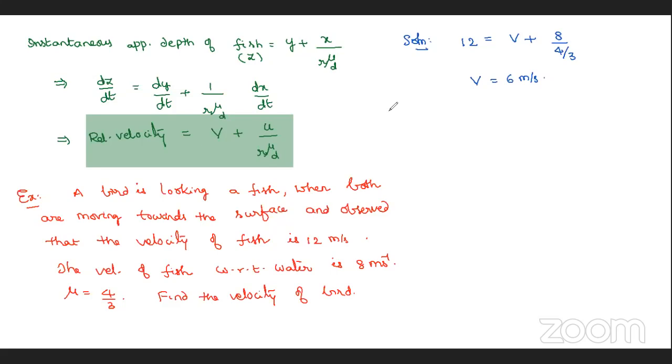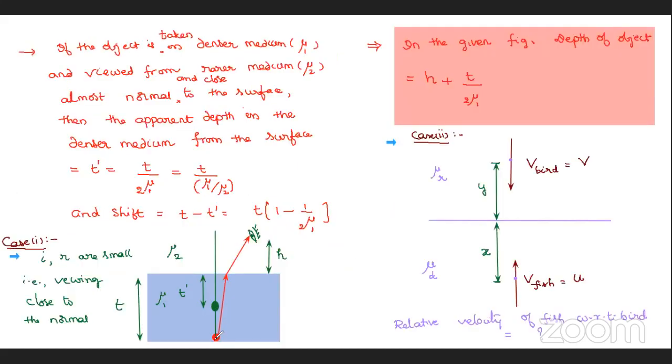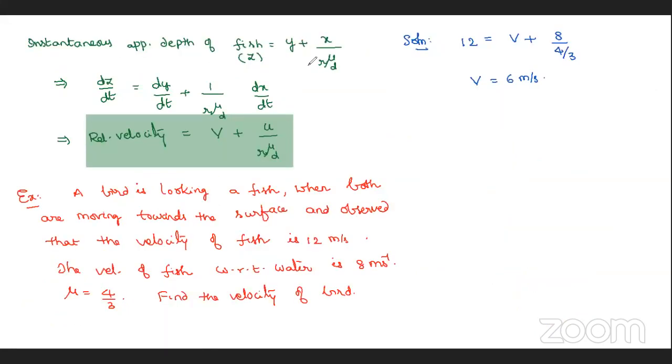So it is over. Suppose related to this apparent depth concept, when the object is in denser medium, and we are doing the models related to when the object is in the denser medium. Suppose one question, this was also given in exam previously.